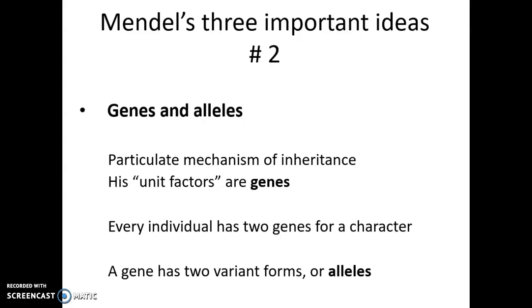The second idea that he came up with is that these factors that he called them are genes, and that every individual must have 2 genes for that particular feature. And of course, as we described, those different variants are called alleles.